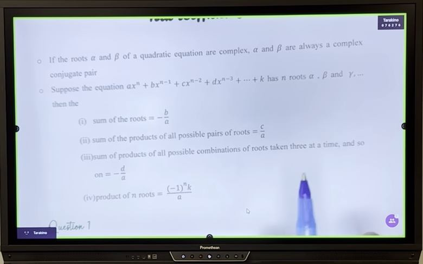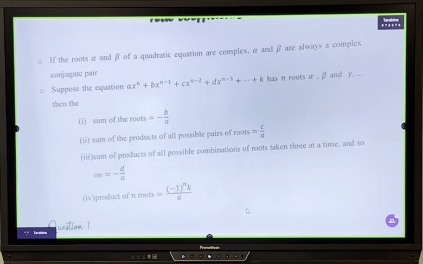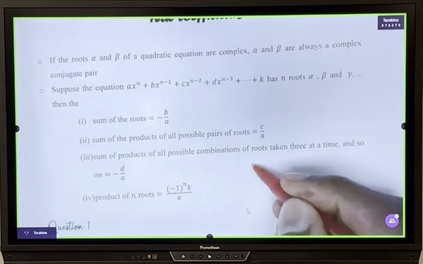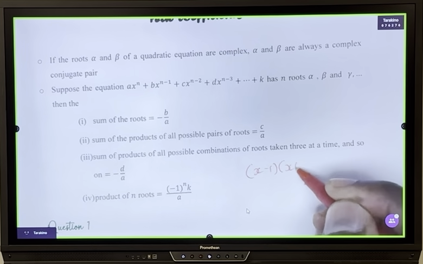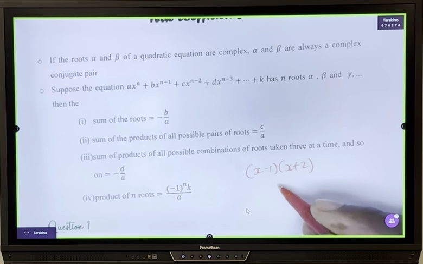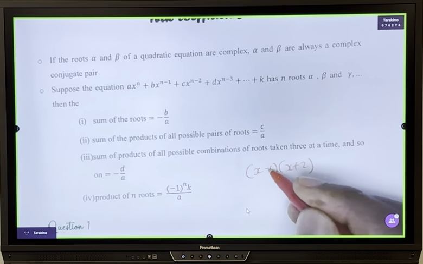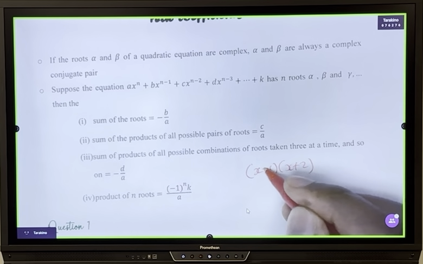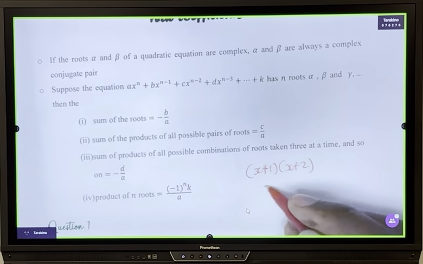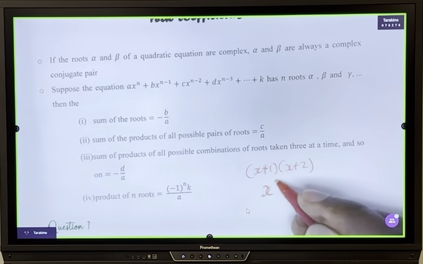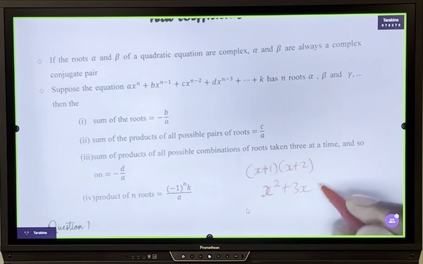So I'm going to quickly do an example here so that we have an appreciation of what I'm talking about. Suppose we have x plus 1, x plus 2. This is just x squared plus 3x plus 2.